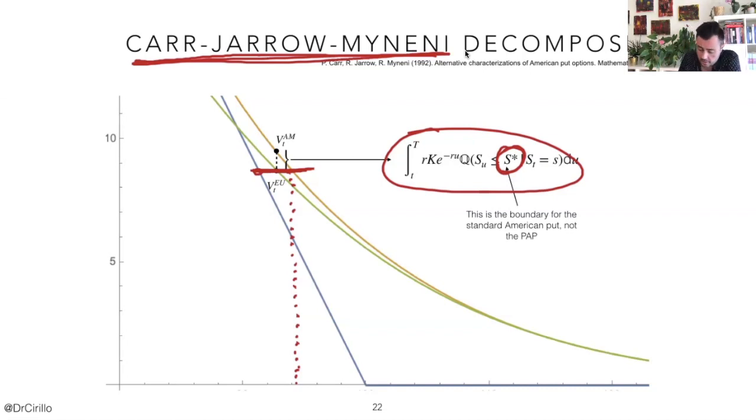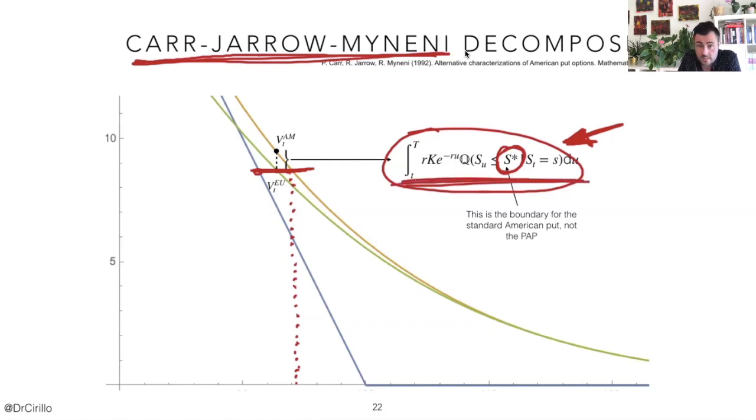Now, that quantity cannot be computed explicitly, so analytically we don't get it, but it can be computed numerically. So the importance of this decomposition is that you can write the value of your American put as the value of a European put with the same parameters, which we know exactly analytically, plus a markup that is expressed in terms of this integral.